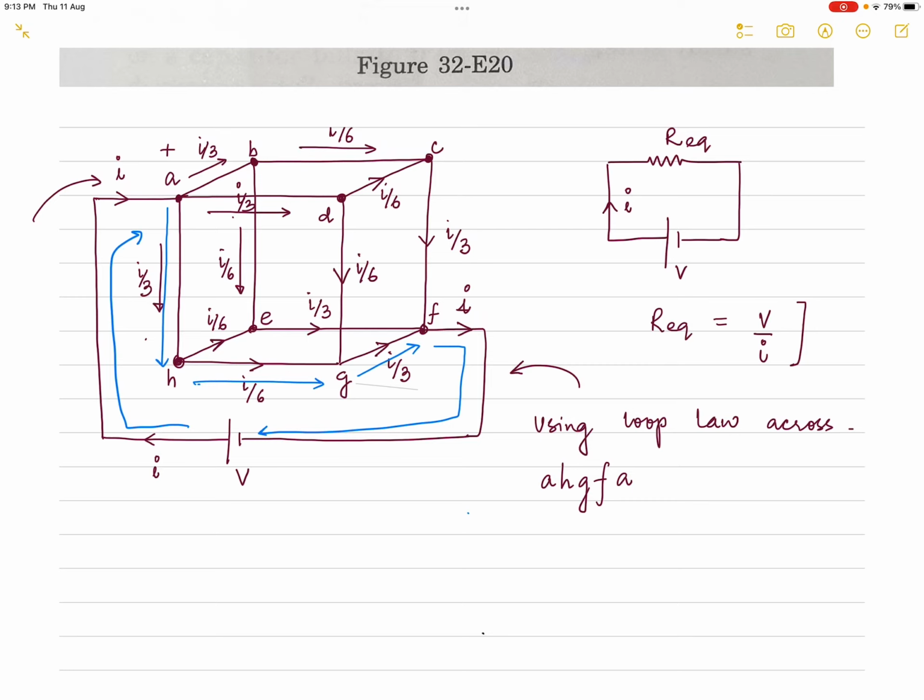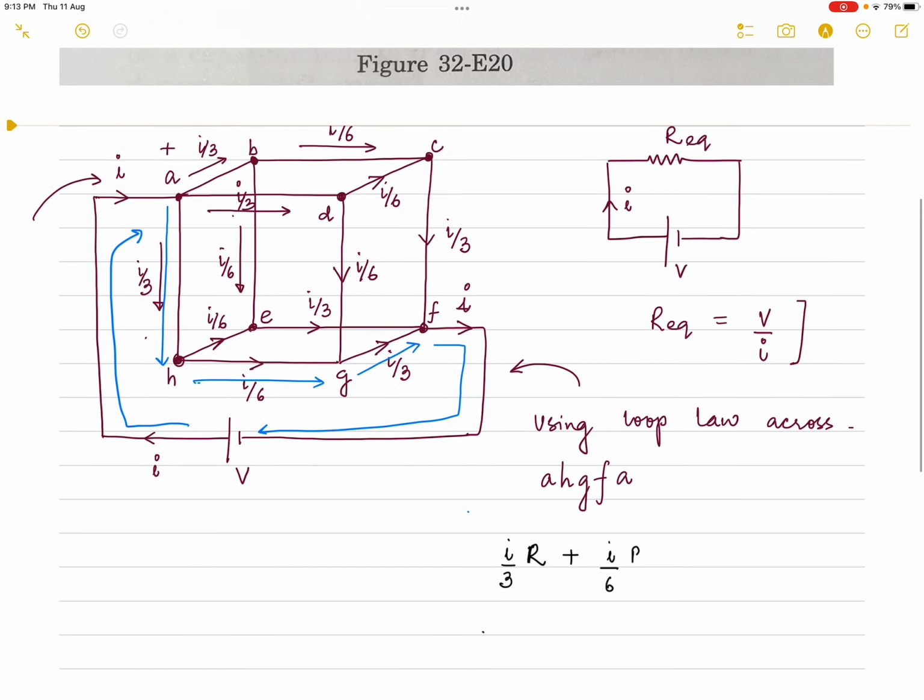Starting from the point A, when we move to the point H, the potential drop across this edge will be the current I by 3 times the resistance here across the HAH, which we can assume to be R. As it is given in the question, it is R, plus the next edge is HG. Across HG, we have a current of I by 6 across a resistance R. So, the potential drop will be this, plus GF.